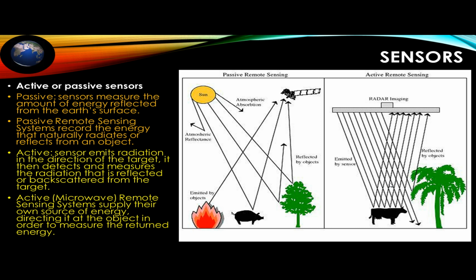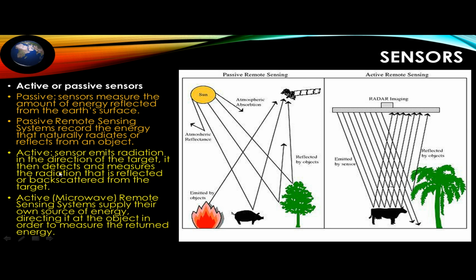When it comes to active remote sensing, you see here how the radar imaging is emitting the electromagnetic radiation from the sensors and taking the reflected radiation from the object or the feature of the earth's surface. The active sensor emits the radiation in the direction of the target.